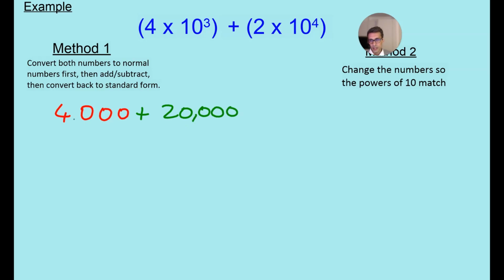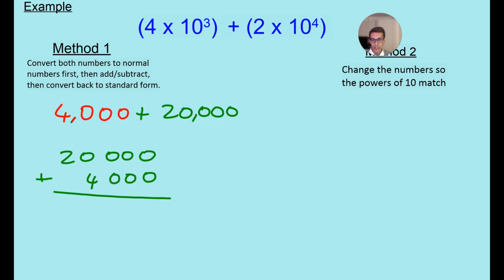When we're adding these up together, I know you can do this in your head, of course, but let's just make sure we remember how to use column addition, just in case you get a bigger question. This is going to be 20,000, and then the 4,000 has to line up. Add this up, and you get 24,000.